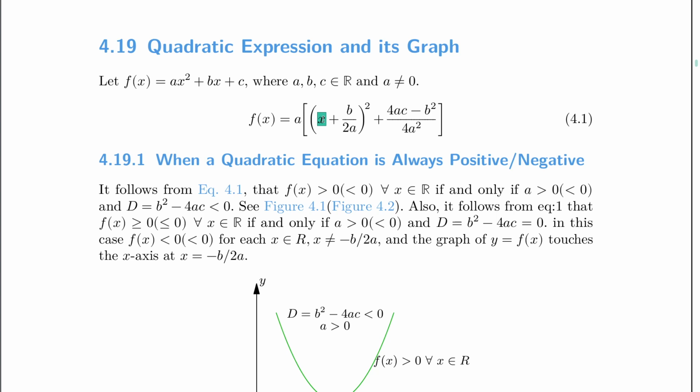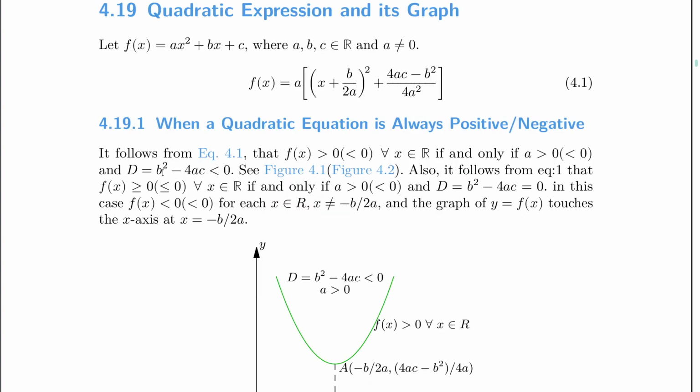That means the value of the entire expression will depend on x, and whether x is a large positive number or a large negative number, in both cases this will be a large positive number, and therefore the sign of the expression will depend on the sign of a. If a is greater than 0, the entire thing will remain positive. If a becomes less than 0, then it will become negative. That is the first condition.